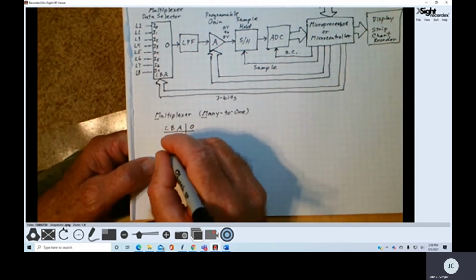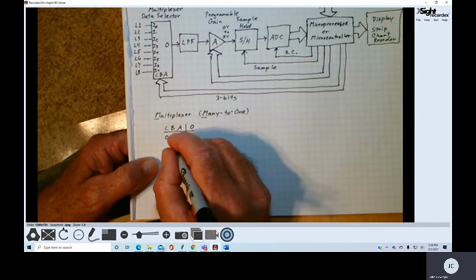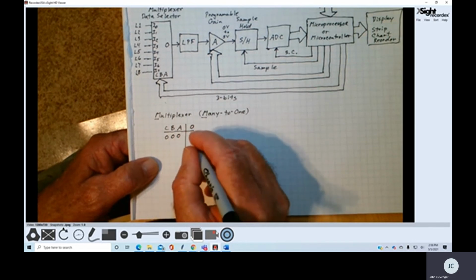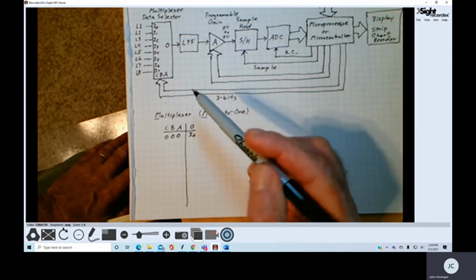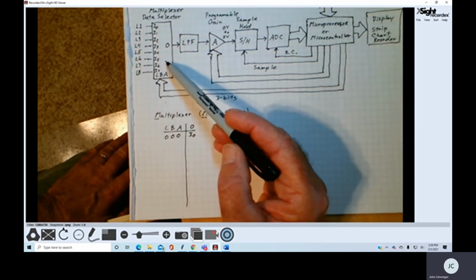So if the CBA inputs are 0, 0, 0, then input 0 is passed to the output. It's like there's an electronic switch inside of here.